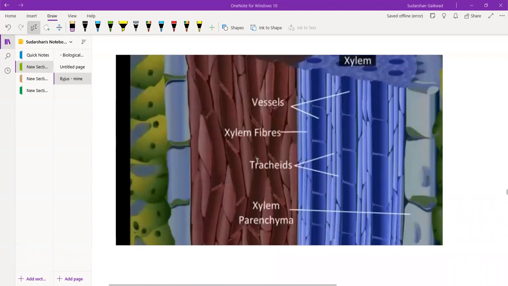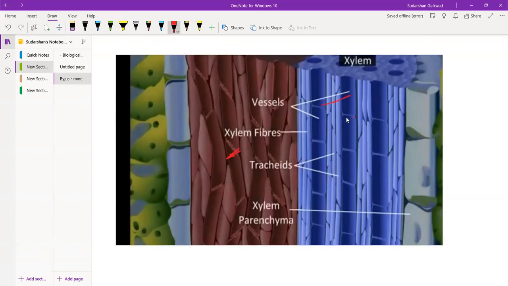And this is the transverse section of a stem. Here you can see the placements of the xylem element and this is the phloem.